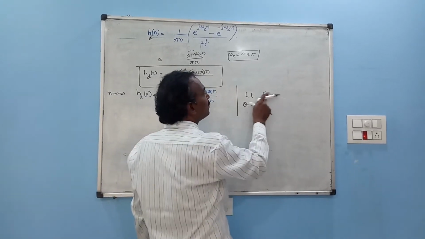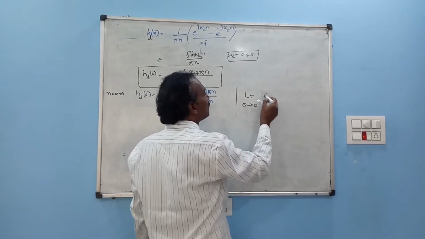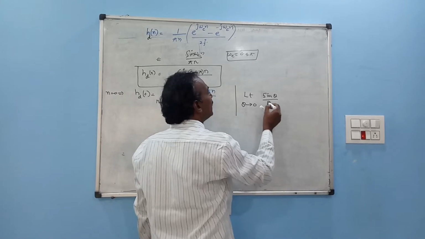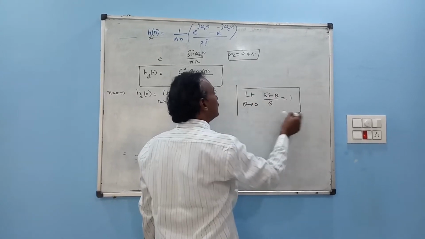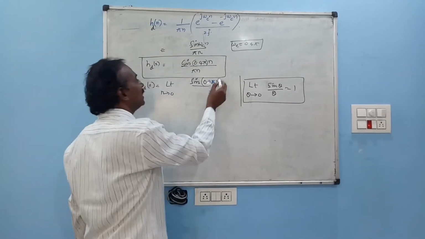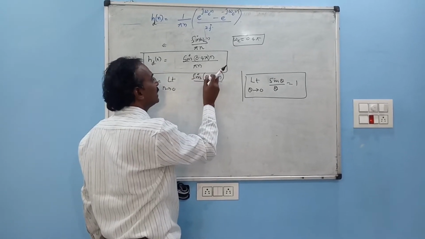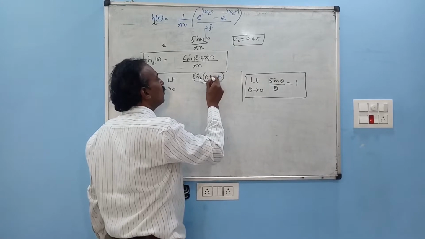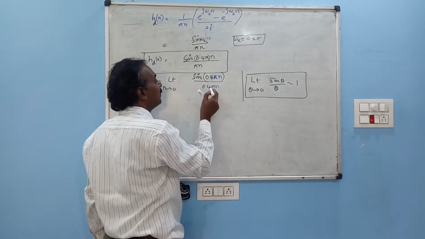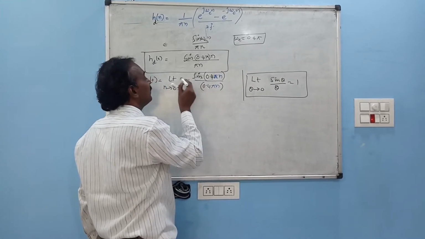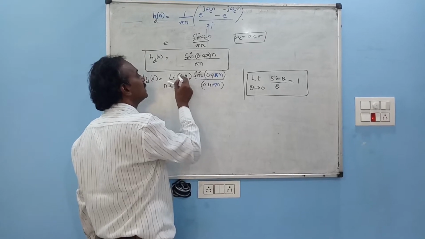So now we know limit theta tends to 0, sine theta by theta is 1. Now if I want to make it theta, what is deficient here? 0.4 is deficient. Let me multiply and divide by 0.4.